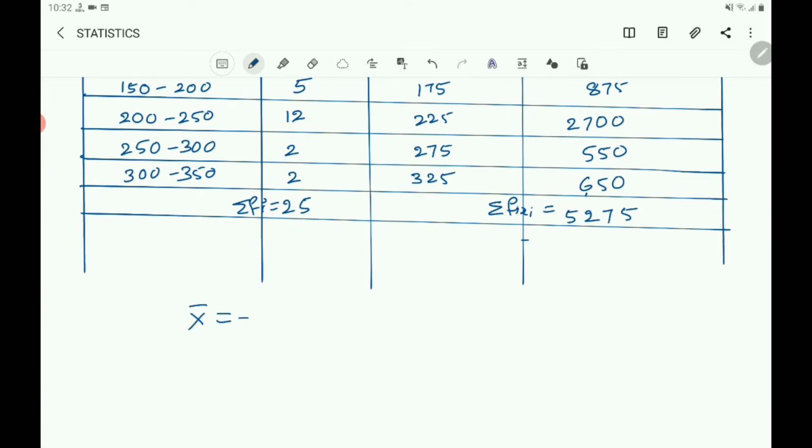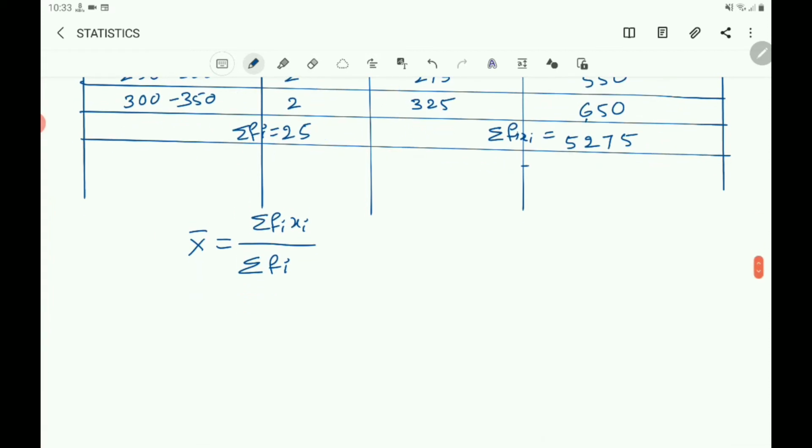X bar equals summation of Fi Xi divided by summation of Fi, that equals 5275 divided by 25.